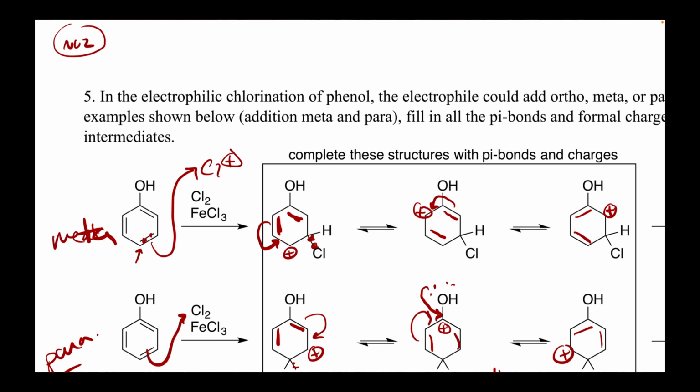See, here we used chlorine, Cl2, and FeCl3 to put on a Cl+, right? If we wanted to put on an NO2+, what do we need to use? H3O and L2. Close. Yeah, nitric acid in sulfuric acid.